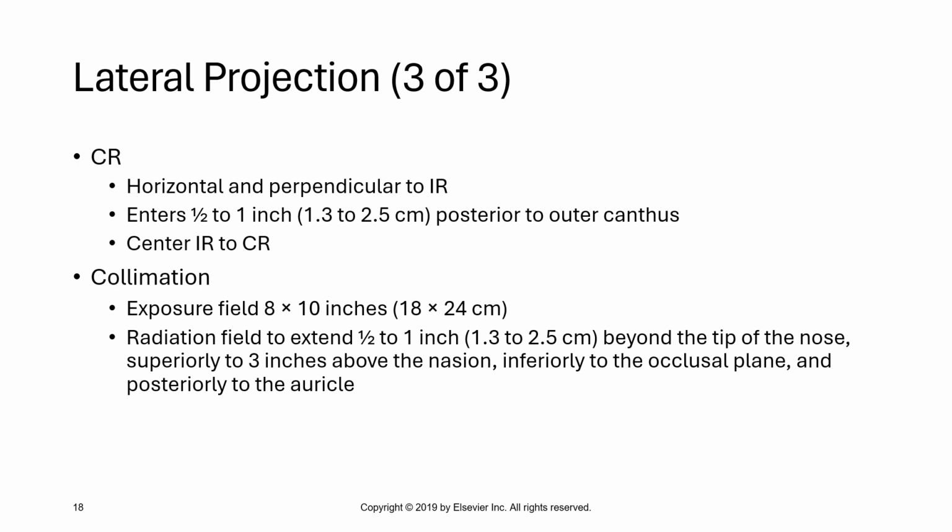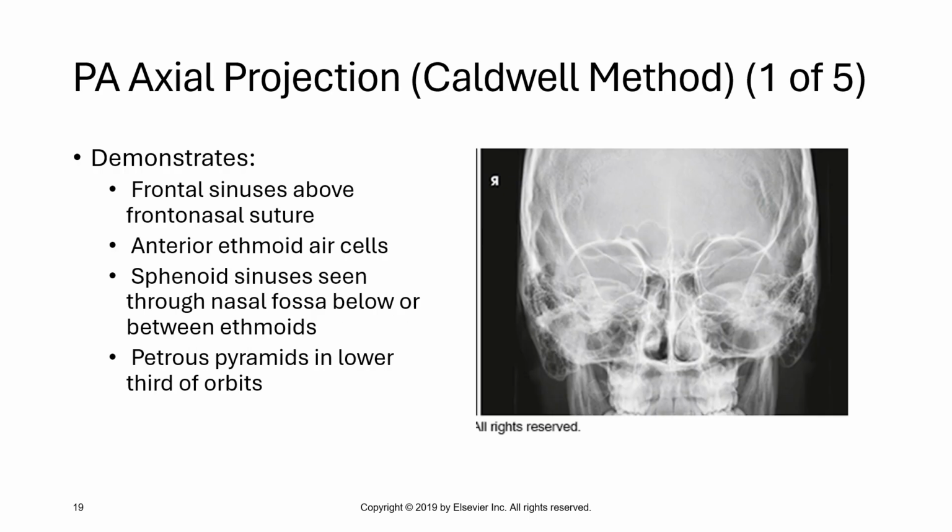Remember, the nasion is the dip at the very top of your nose, where your nose meets your face. There's a little divot right there. Just before you get to your eyebrows, that divot is called the nasion. Okay. So 3 inches, open the collimation 3 inches above the nasion. That should cover even the largest frontal sinus.